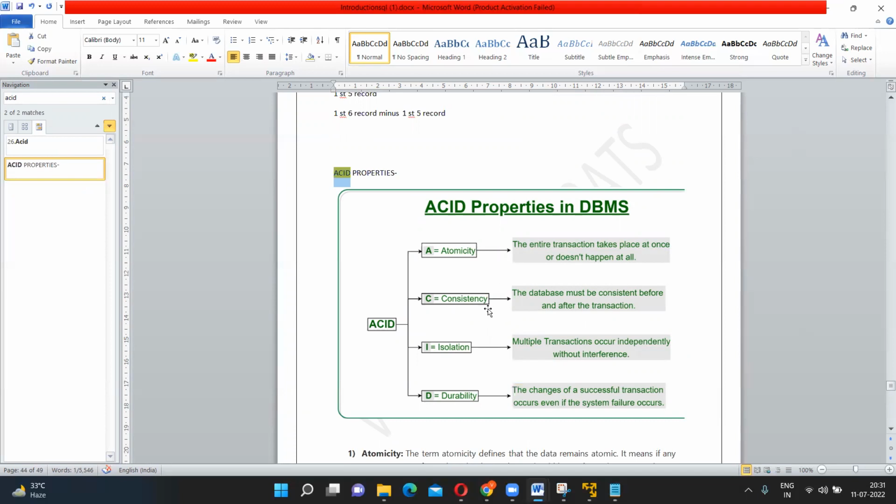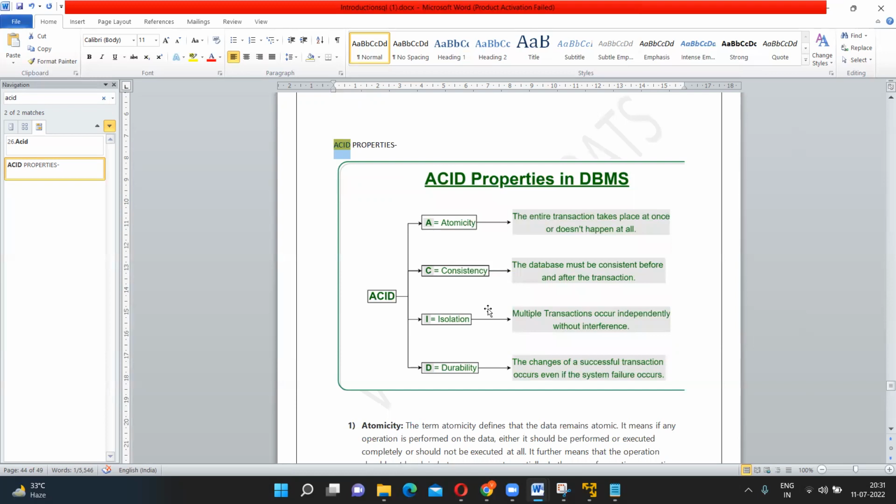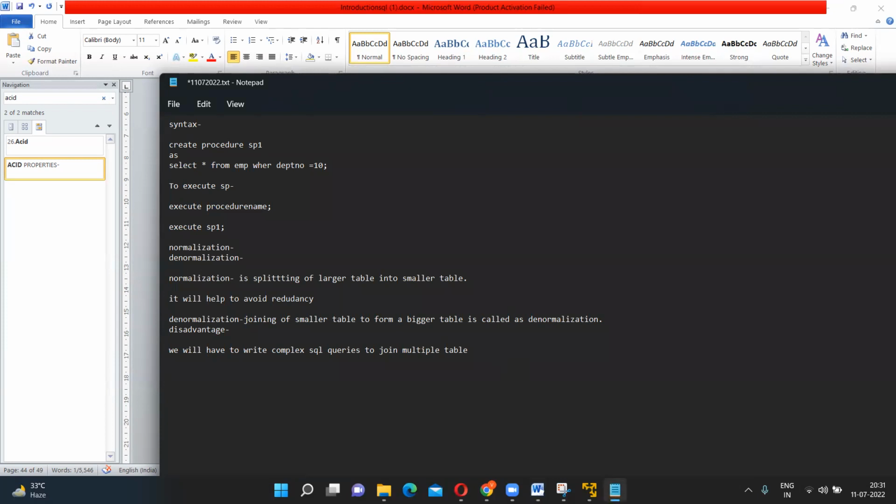Consistency means that referential integrity should be maintained. Do you remember referential integrity? I told you. Do you remember, Kirti, what is referential integrity? Can you just tell me? What is referential integrity constraint? Can someone tell me? Foreign key. Yes. Parent table, what is the column?